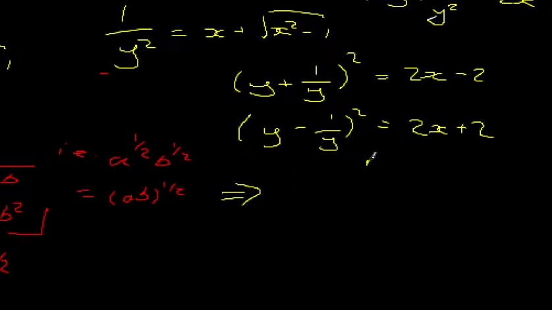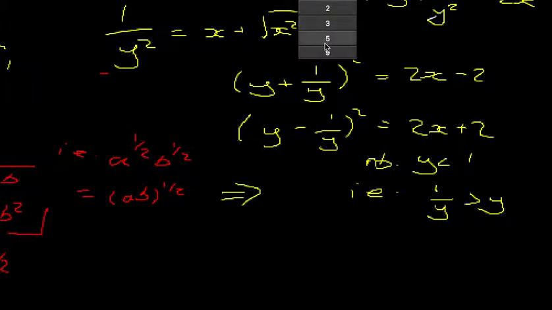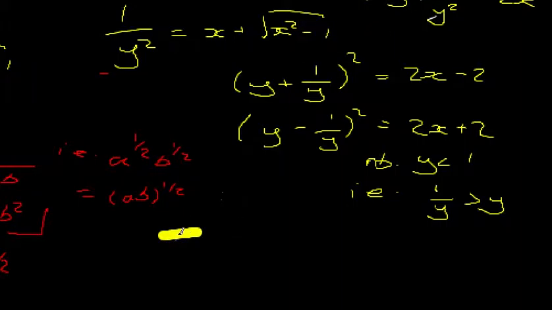Okay, so I'll just say NB, which is Latin for note. So we'll note that y is less than 1, i.e. 1 over y is bigger than y. Okay, so if we want the positive root of this, we're going to need to swap these around. Let me just rub this out, write it again underneath.